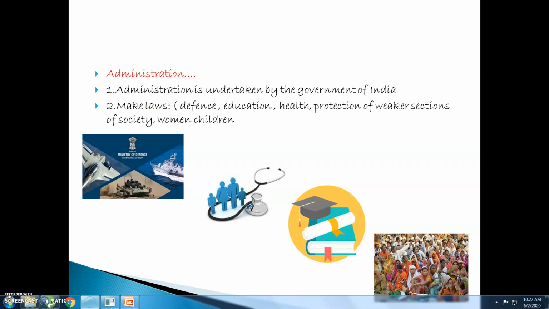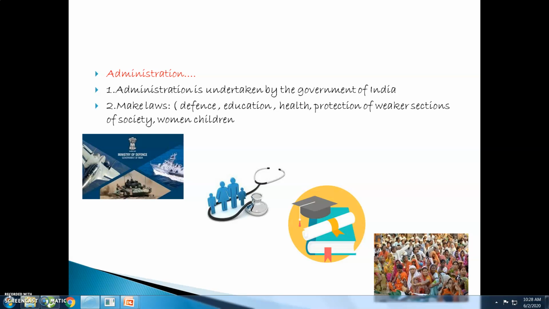Administration of the Constitution. Administration is the process of taking decisions regarding the issues before the country. Governance is undertaken by the government. The government has to make laws related to topics like defending boundaries; for example, the soldiers, the navy, all the people who take care of or protect our country will be termed as defending the boundaries.